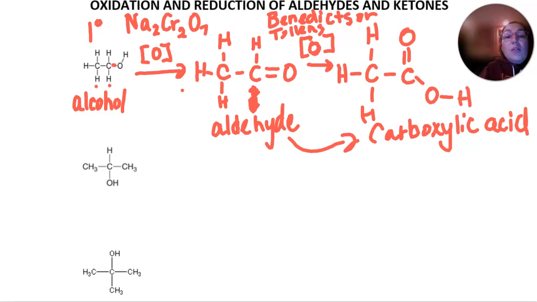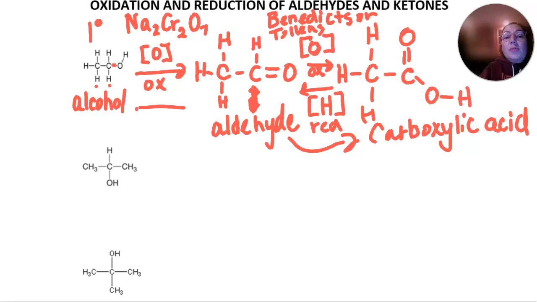Now, you can go and reverse these. You can take a carboxylic acid back to an aldehyde. We just put an H in brackets if we're going backwards to say that, hey, this way is reduction. So the O in brackets was really telling us that it was oxidation.